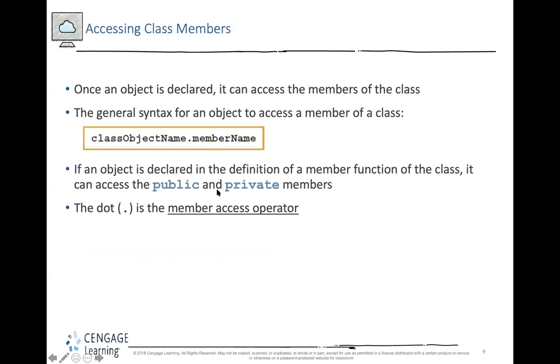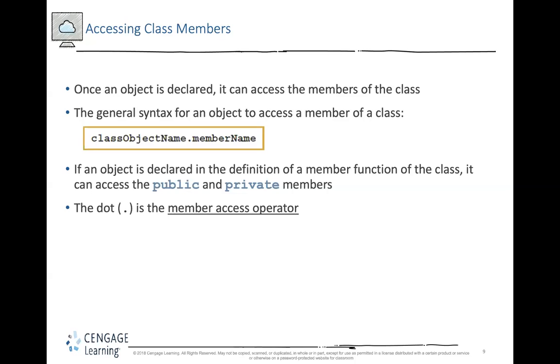Now, this is not just for the variables, but for functions as well. As I mentioned previously, if the members are public, you can access them this way outside the class definition.